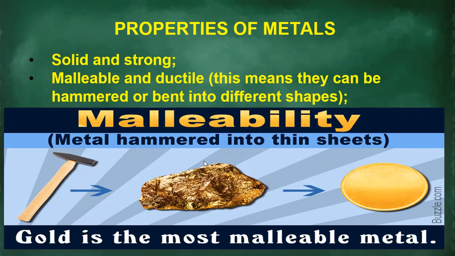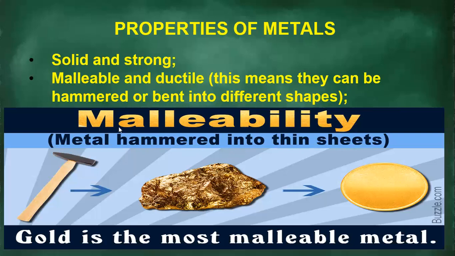And we gave an example with gold. We said that gold is the most malleable metal because it is very soft, which means it can be hammered or beaten into a thin sheet or any specific shape, okay?